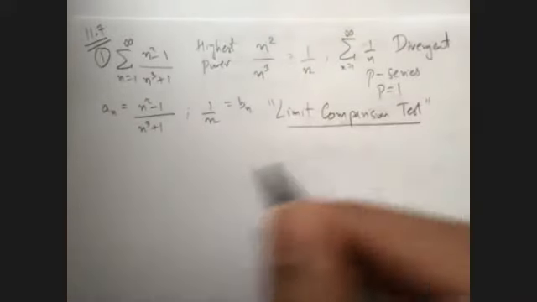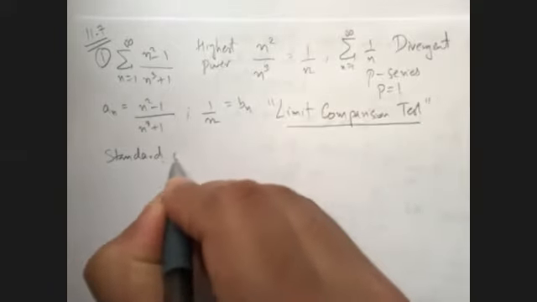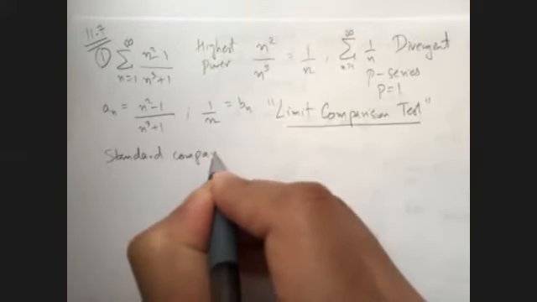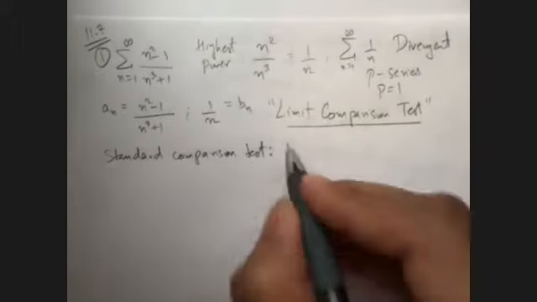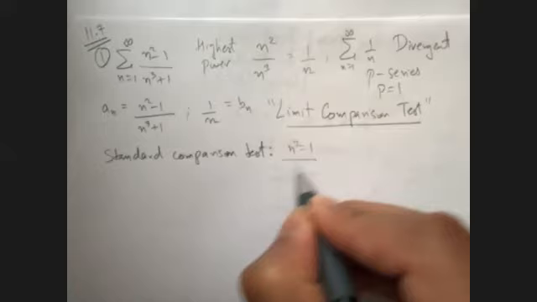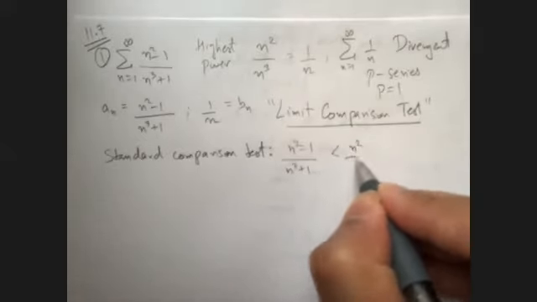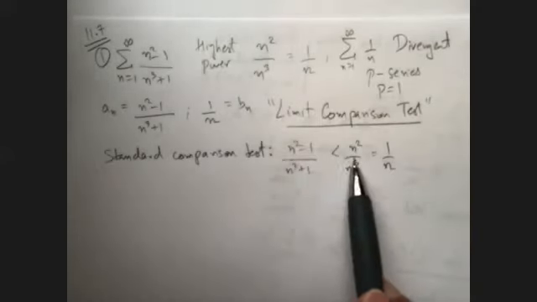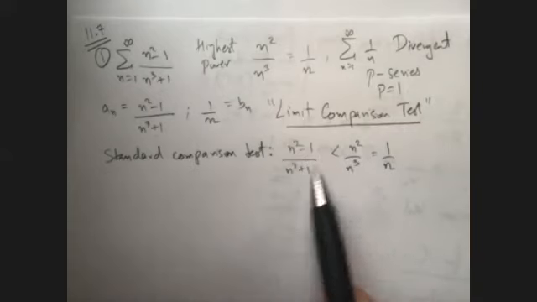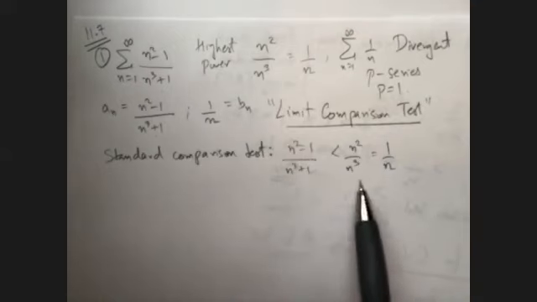Why limit comparison test? Because the standard comparison test, which means that n square minus 1 is less than n square in the numerator, and n cube plus 1 is greater than n cube in the denominator, so this is less.